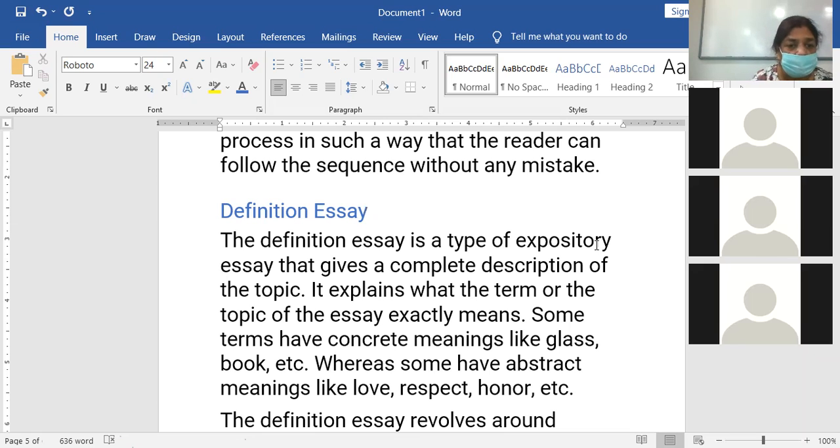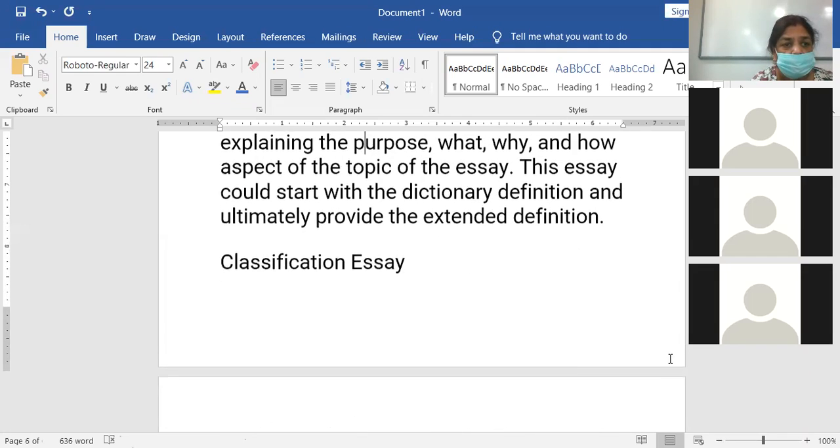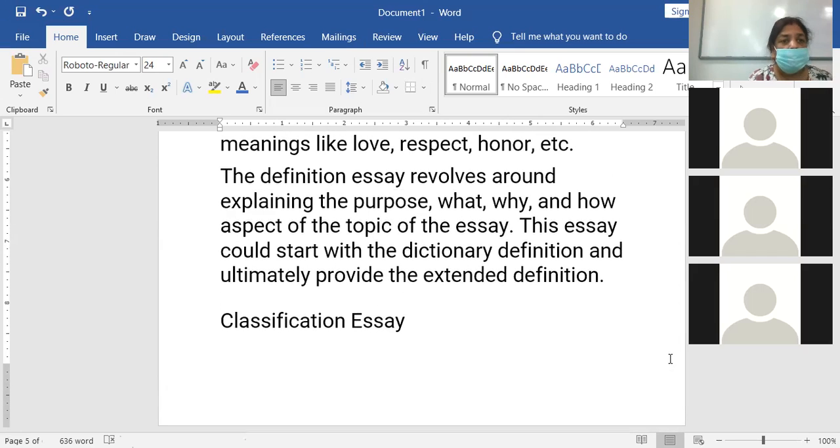Some terms have concrete meaning like glass, book, etc., whereas some have abstract meaning like love, respect, honor. The definition essay revolves around explaining the purpose, what, why, and how aspect of the topic of the essay. This essay could start with a dictionary definition and ultimately provide the extended definition.